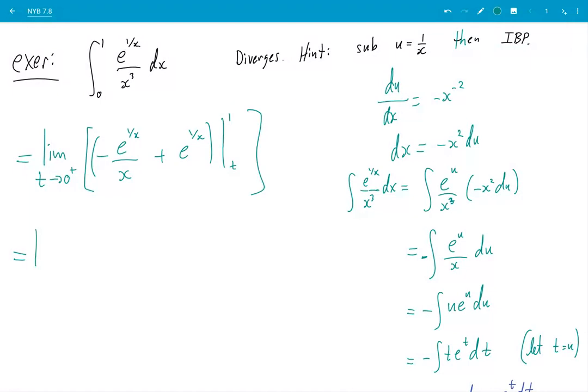Okay. Limit of negative e to the 1 over t plus, no, I gotta plug in the 1 first. Negative e, just negative e for the first one, plus e, and minus negative e to the 1 over t all over t plus e to the 1 over t.